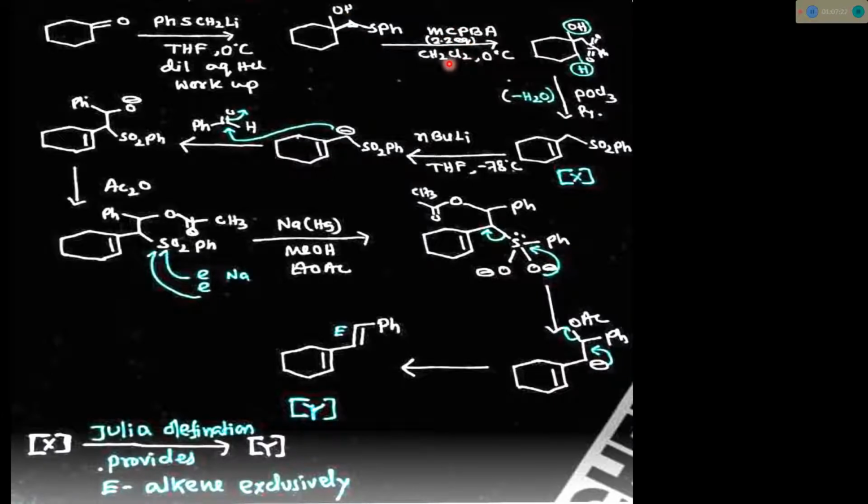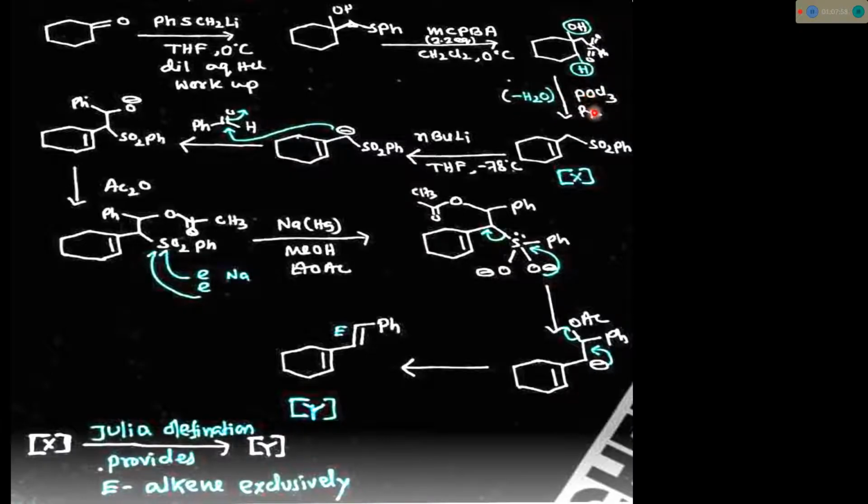Now mCPBA: there is an OH, and there is a sulfur group. If we use mCPBA, the sulfur as a sulfide will oxidize to a sulfone or sulfoxide. So after treating with mCPBA, this SPh becomes SO2Ph. So oxidation of sulfur will occur in this step.